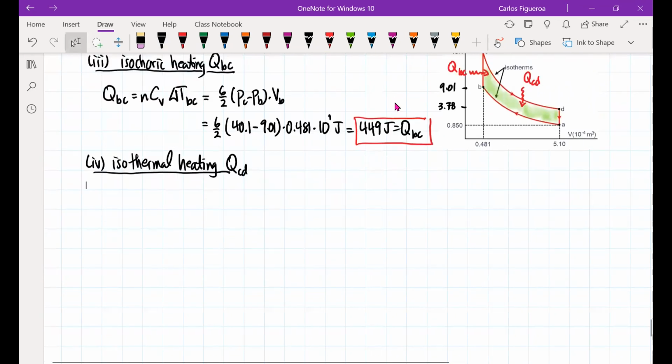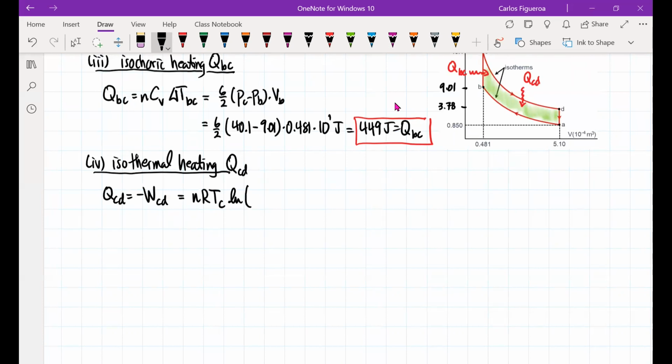I'm then going to have that QCD is going to be the negative of the work of CD. Remember, this is going to be nRTC times the natural log of VD over VC. So the log is a positive quantity, so it automatically comes out positive.